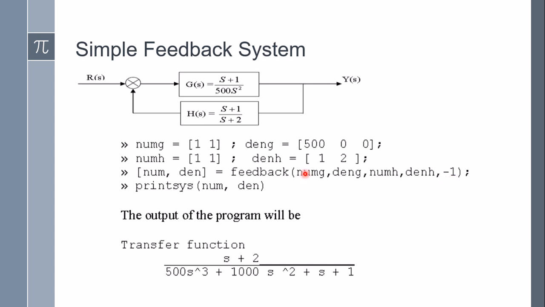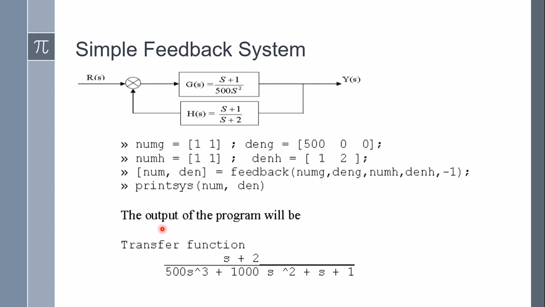That is feedback of numerator polynomial of the forward path, comma denominator of the forward path, comma numerator polynomial of the feedback path, comma denominator polynomial of the feedback path, and then the type of feedback. The value is 1 for positive feedback and -1 for negative feedback. Once you execute this, you will get the output of the system like this.